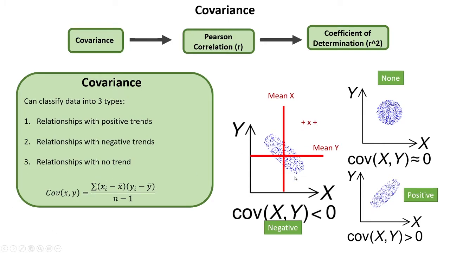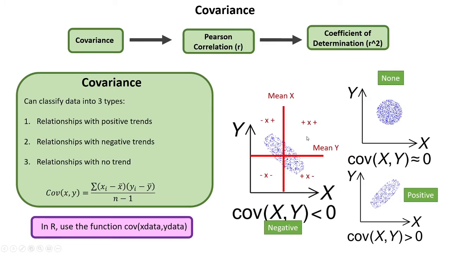If you're down here, you'll have a negative value and a negative value, which also gives you a positive. But if you're over here or here, you have a negative multiplied by a positive, which gives you a negative value for your covariance. Therefore, if most of your points fall in this quadrant or this quadrant, you're going to have a negative covariance. If most of your points fall in this quadrant or this quadrant, you're going to have a positive covariance.